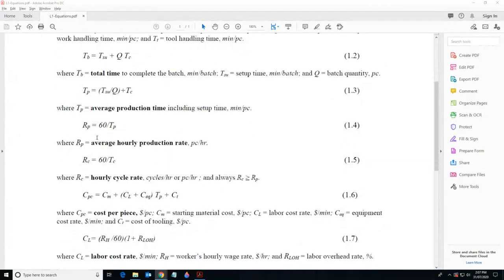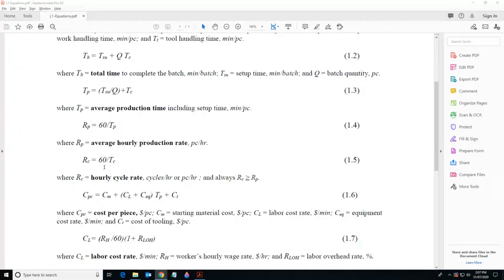And then RP and RC, we've got two terms that are defining the rates of production. RP defines the rate of production, how many parts are produced in an hour, on the basis of production time.